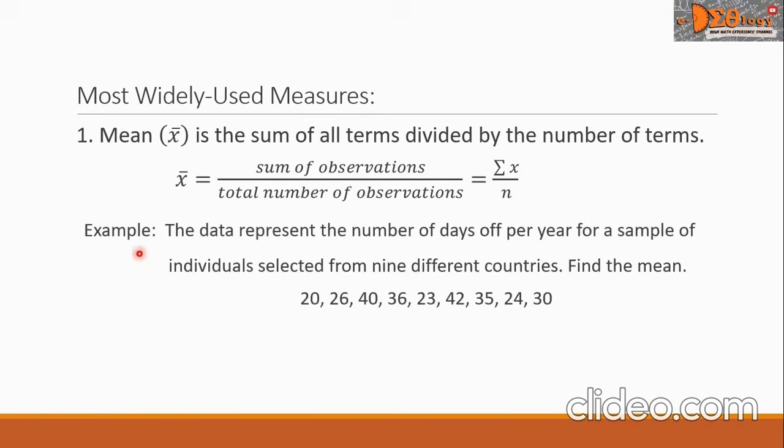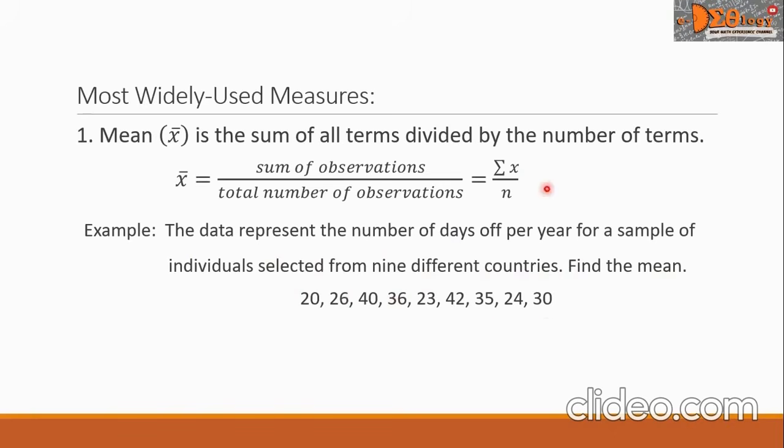Let's have an example. The data represent the number of days off per year for a sample of individuals selected from 9 different countries. Find the mean. The values are 20, 26, 40, 36, 23, 42, 35, 24, and 30.